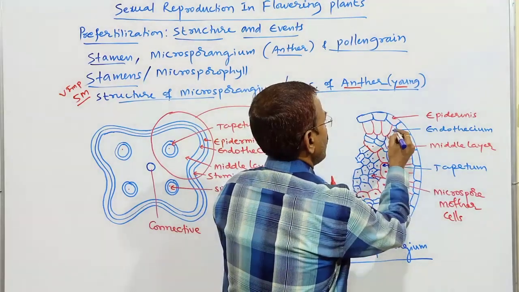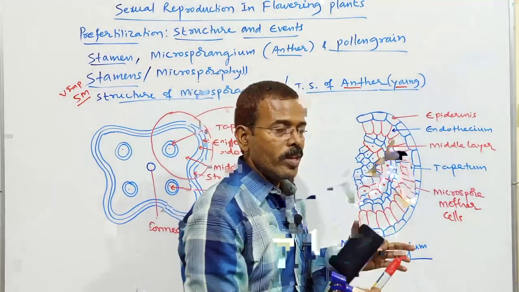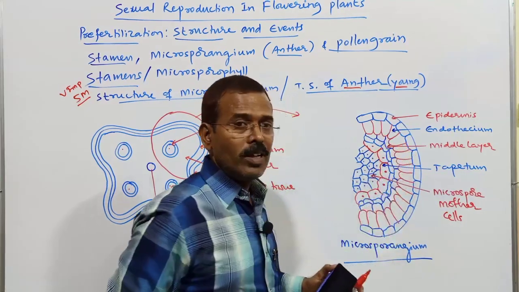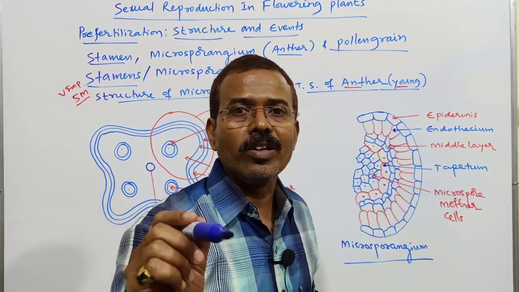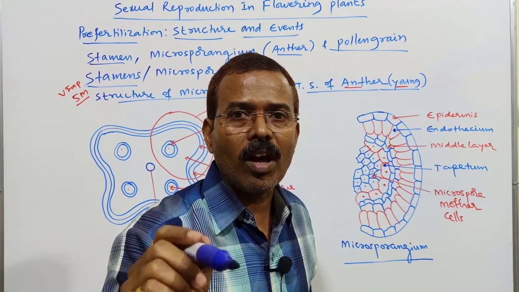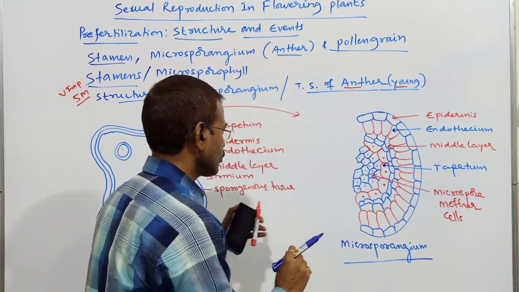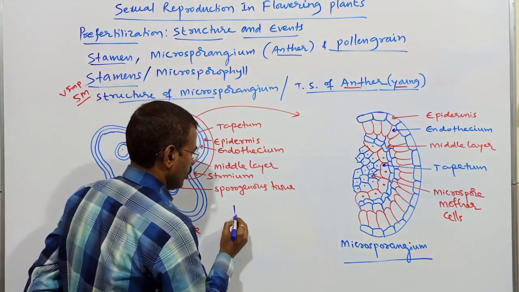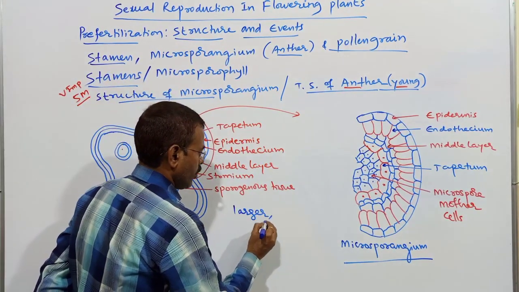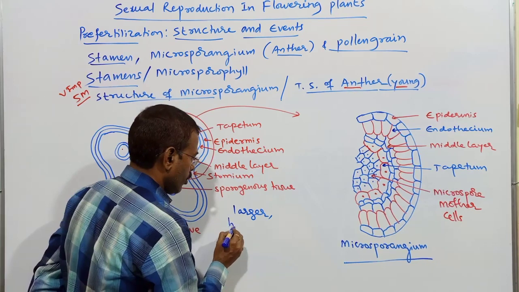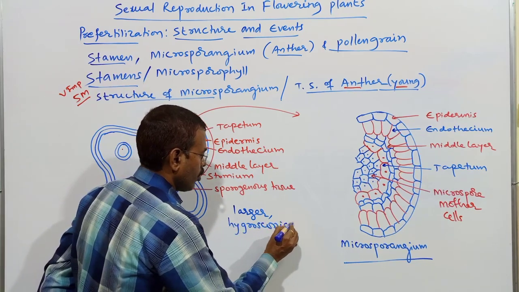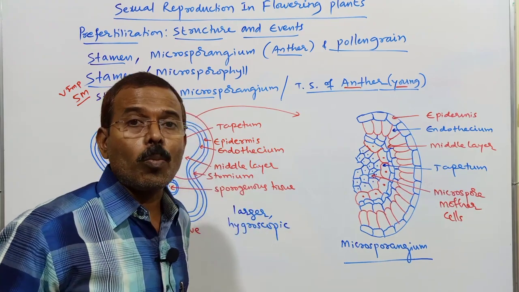The layer present below the epidermis is the endothecium. The cells are larger. These endothecial cells are hygroscopic.